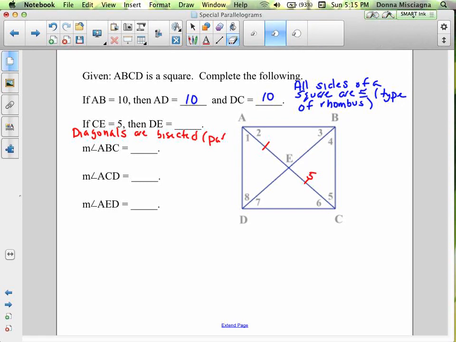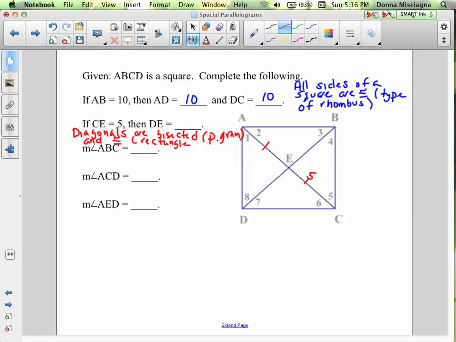And I'm going to abbreviate that because I don't have enough space, as p-gram. And the diagonals are also congruent. So they are bisected and congruent because a square is a type of rectangle.